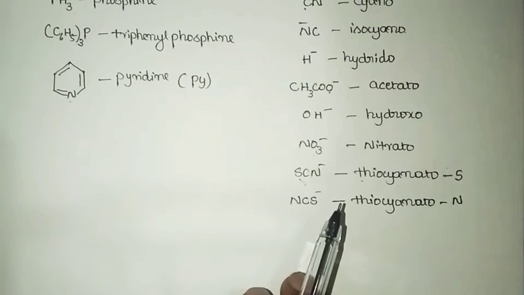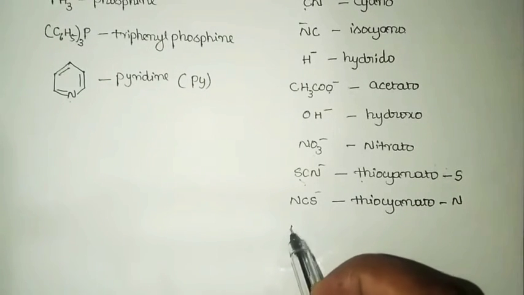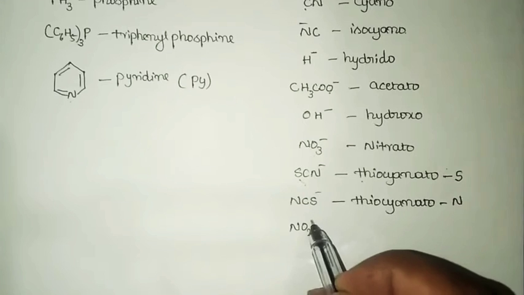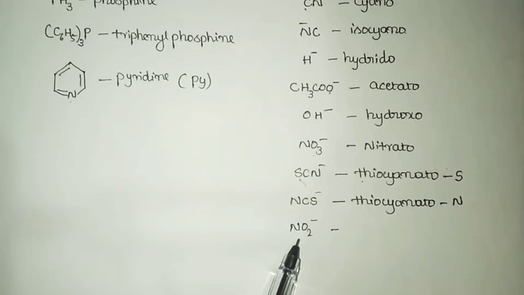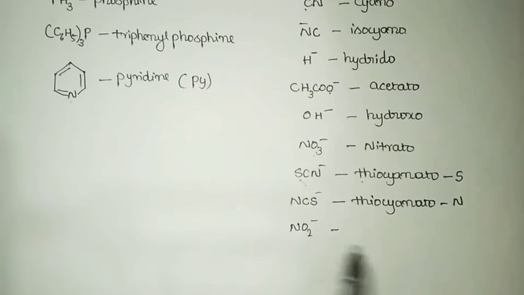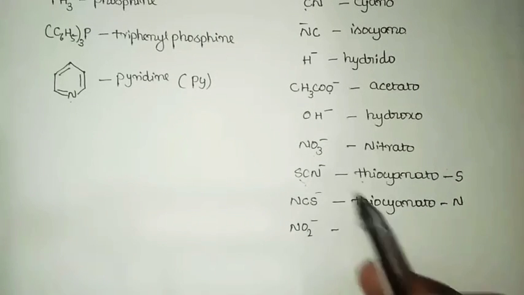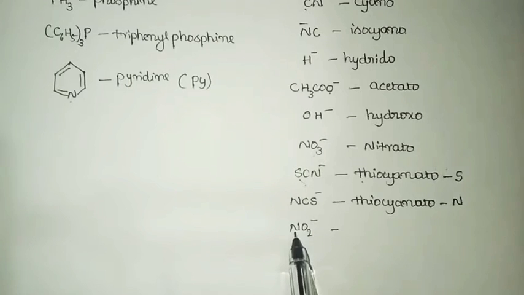And we shall say two more things. Say for example NO2 minus. So it is nitrite, right? Here also either nitrogen or oxygen can behave as the ligating atom.